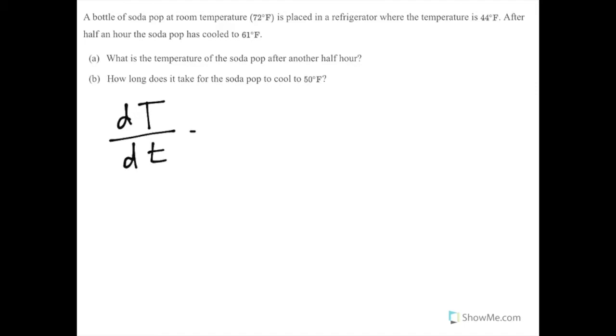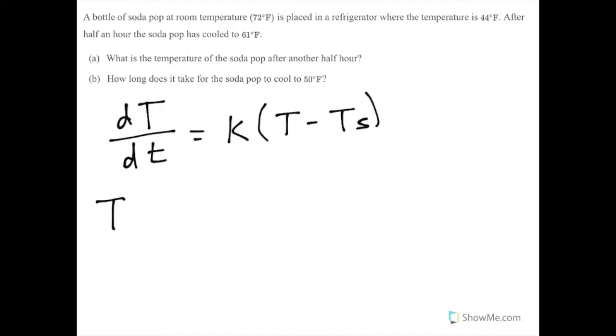So dT over dt equals k times T minus T subscript s. Okay, this is a set formula for Newton's law of cooling, and here's what this is doing. There's actually a lot of t's going on in here, so let me put it this way.